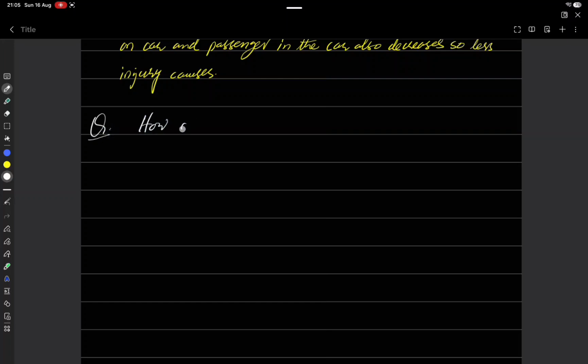How does an airbag avoid serious head injury during an accident?